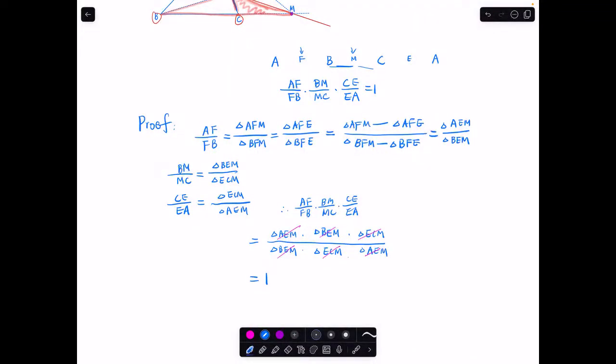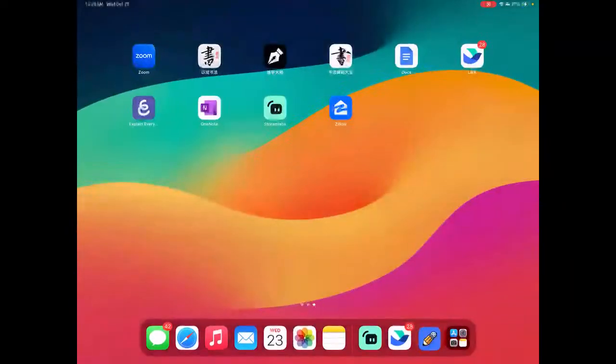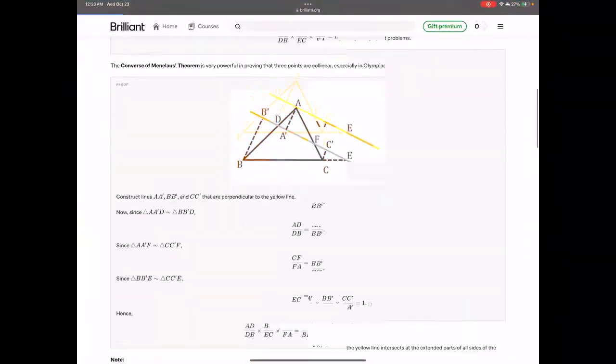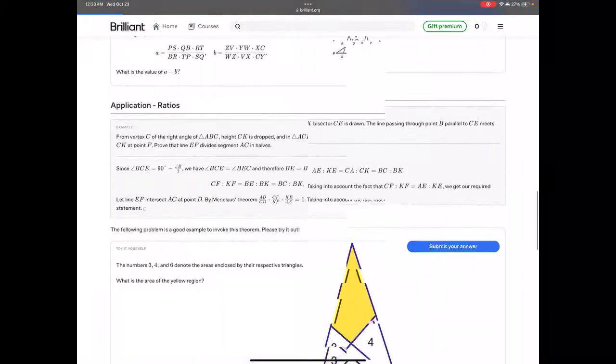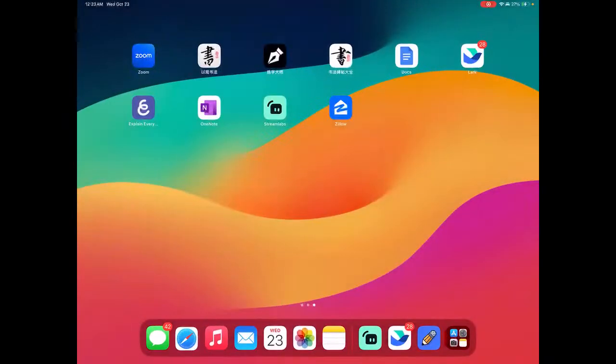Now we're going to try to solve a challenging problem from brilliant.org, where we can use an interesting property. So here we have given this triangle 3, 4, and 6. We try to find the shaded region. Okay, so in other words, what do we have?